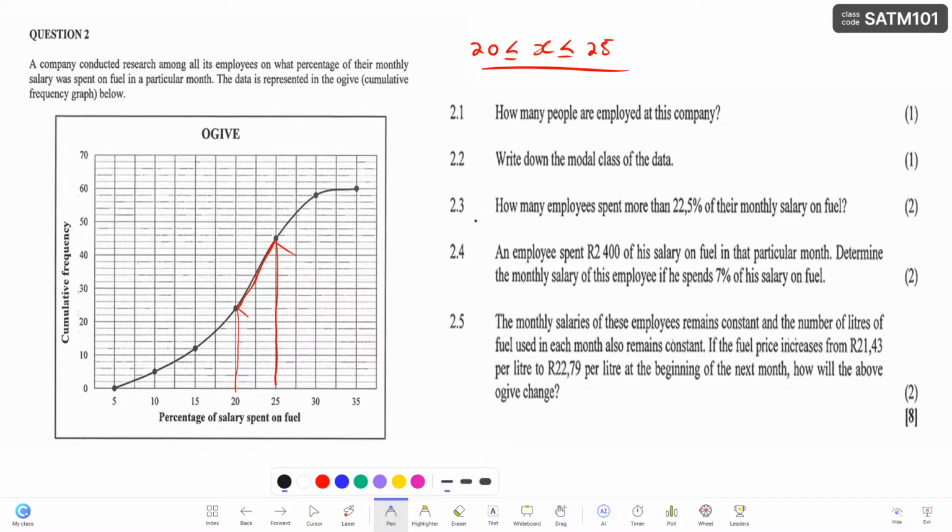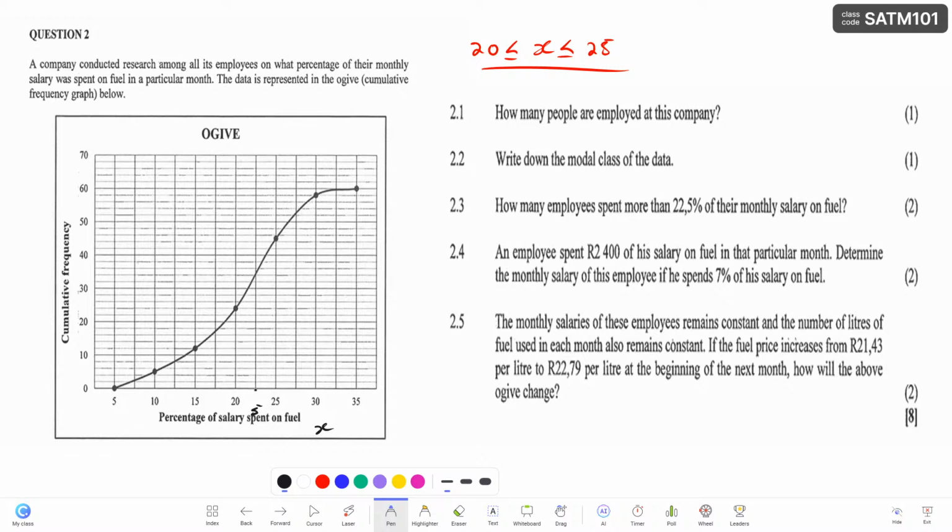So okay, now 2.3, they said how many employees spend more than 22.5% of their monthly salary on fuel? Here we have the percentage of salary spent on fuel, which is the x-axis. In order to check that, let's check the interval between 20 and 25. What is the length of this interval? We're going to say 25 minus 20, meaning the length between 20 and 25 is 5.